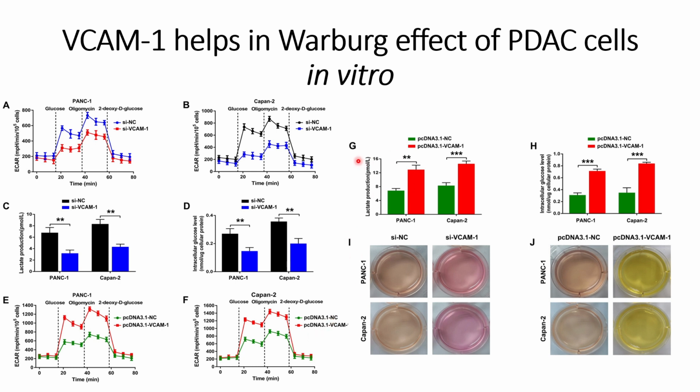That can be seen for the lactate production in panel G. We can see that in PANC1 and KPN2, the increased amounts of lactate production are statistically significant compared to the control case, and they observed the same results for the intracellular glucose level in the PANC1 and KPN2 cell lines.